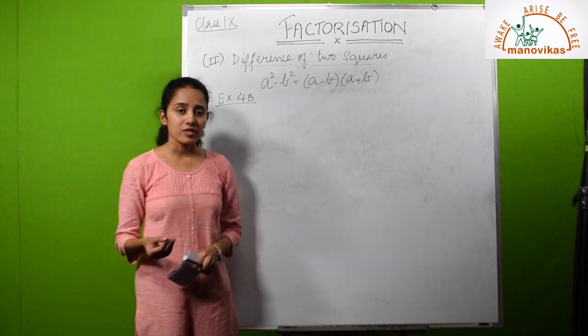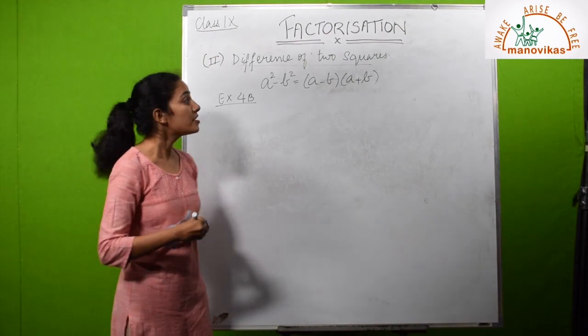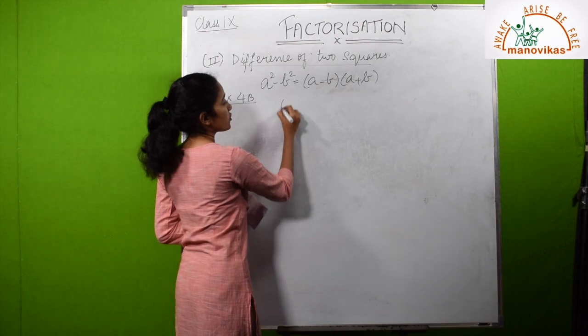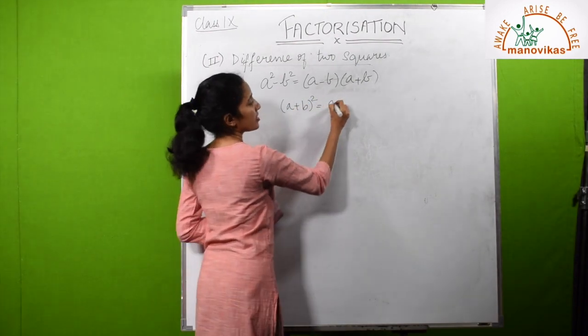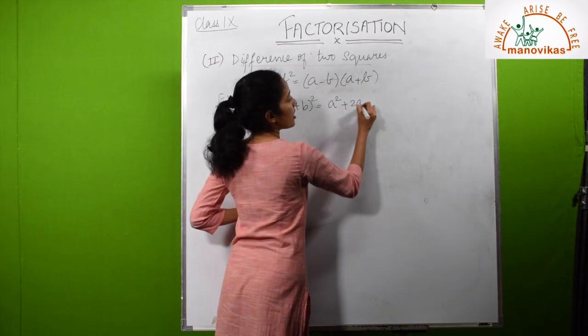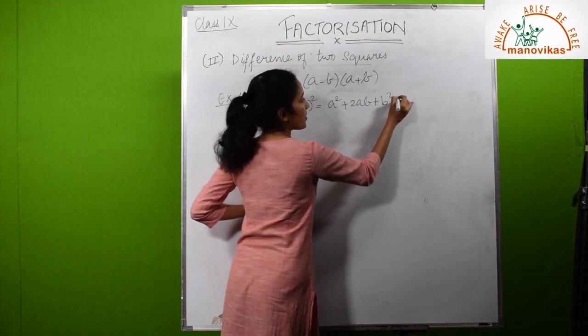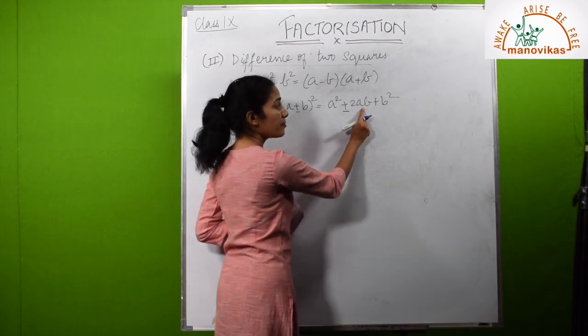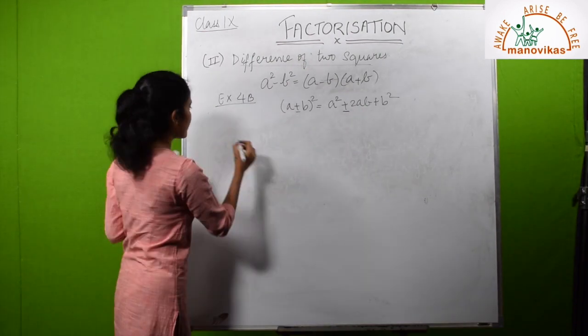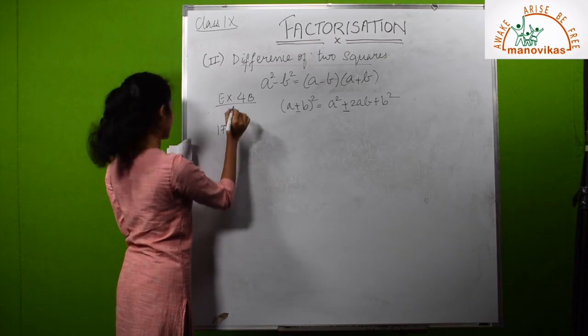The next examples that we are going to take we will be using the expansion of a plus b the whole square, which is nothing but a squared plus 2ab plus b squared, and if there is a negative sign here, there will be a negative sign for the middle term. Let us consider the 17th problem of the exercise.